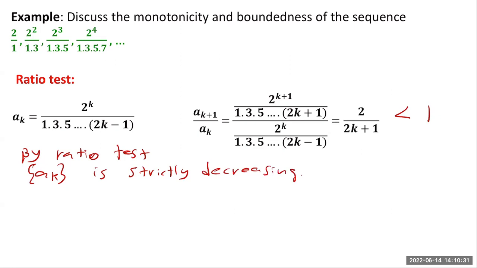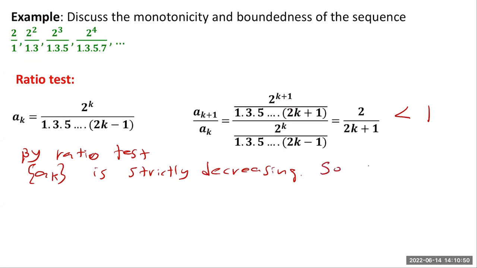What about the boundedness? If this sequence is strictly decreasing, every term is less than the previous term, right? That means the first term has to be the biggest term, right? In this sequence, the first term has to be the biggest term.